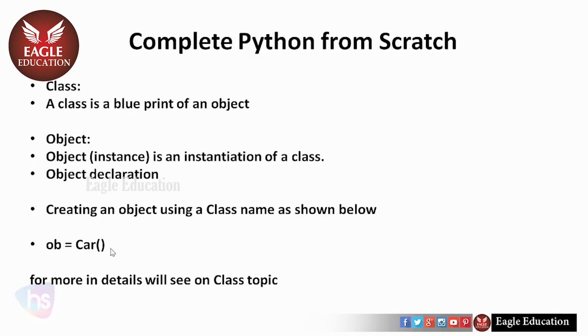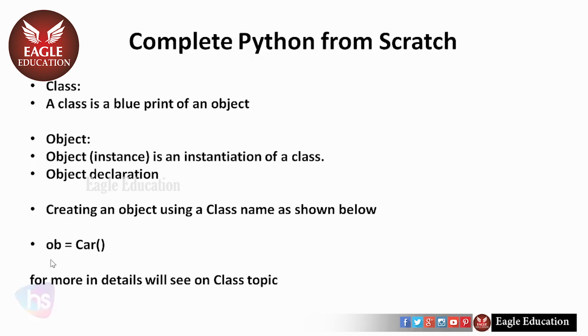Once we want to call the class and instantiate it to invoke it in some other form or module, to utilize the methods and functions, we initiate the object like this. OB is the name I declared here, equal to the class, so whatever properties are inside the class all come and are inherited here, attached to OB. For more details we will see, don't worry.